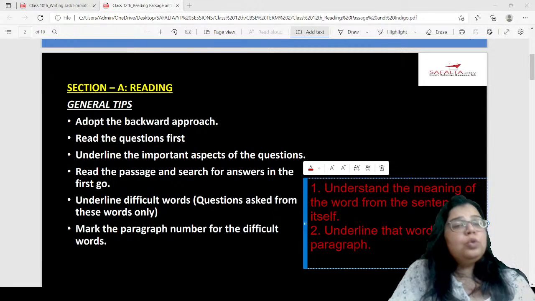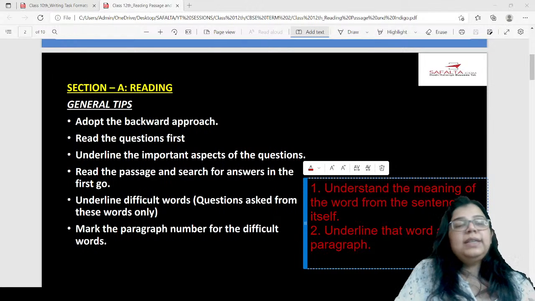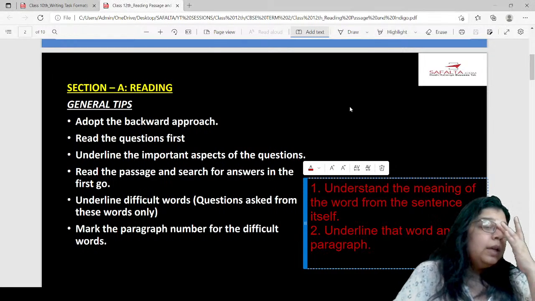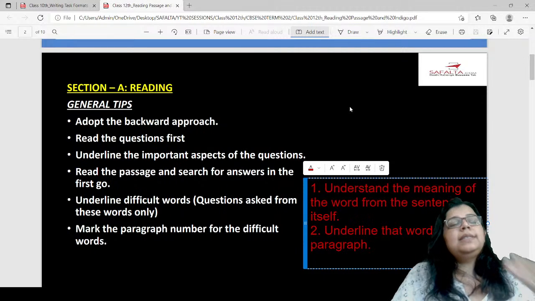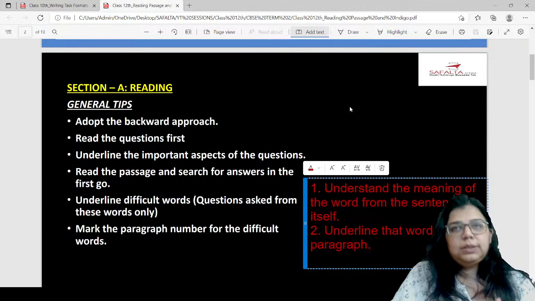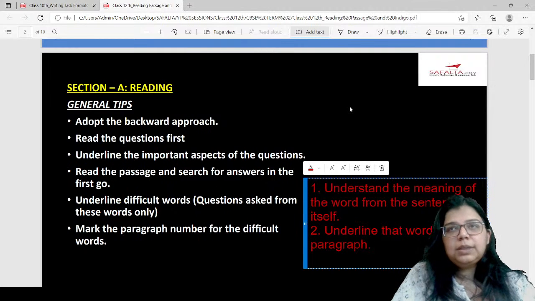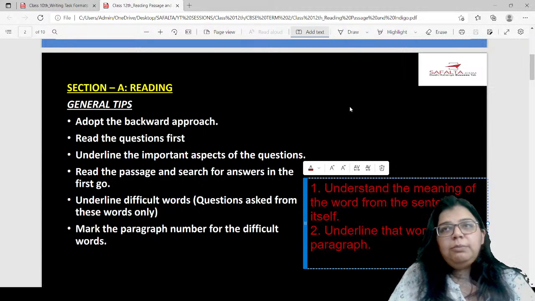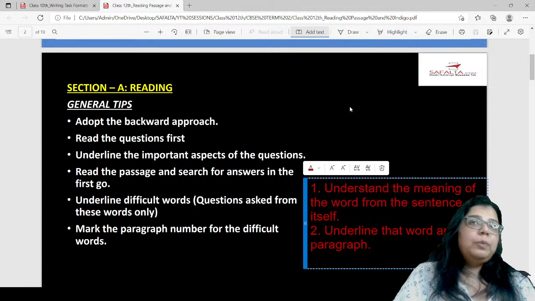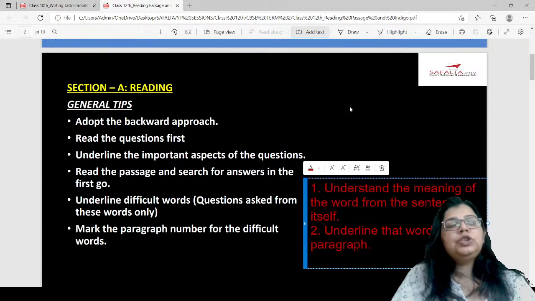Now, you may say, ma'am, if you don't, what will happen? Listen, let's say this entire thing is for 10 marks. I'm just giving you a hypothetical example. With the backward approach that I told you, please be assured that you'll get at least 6 or 7 marks out of 10.